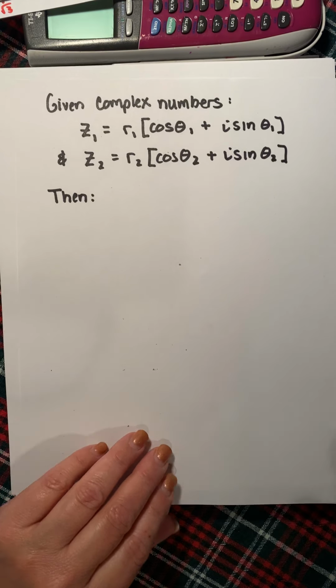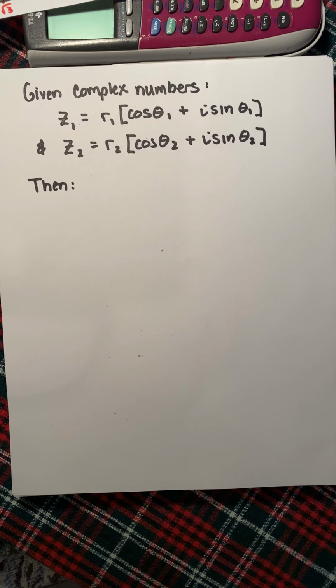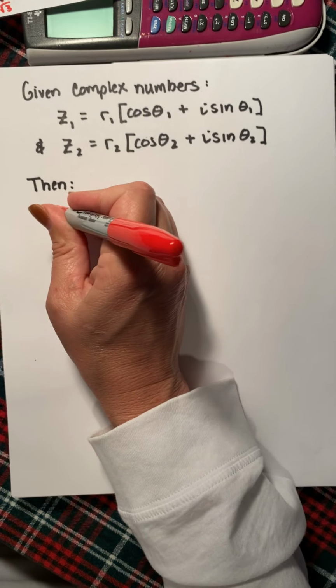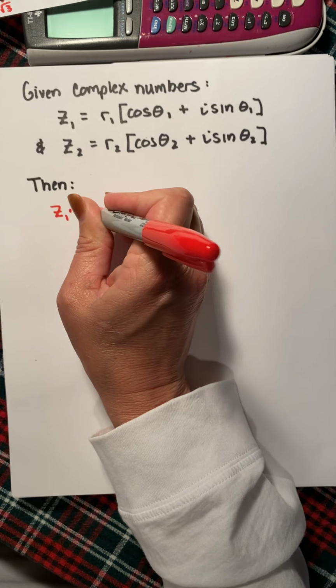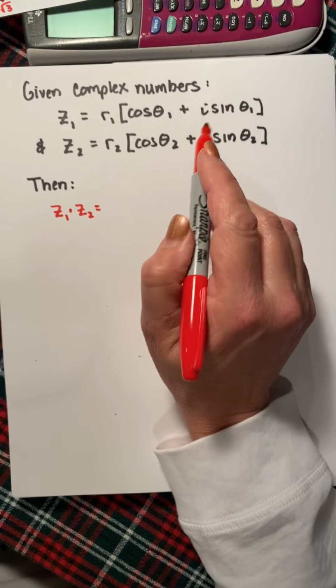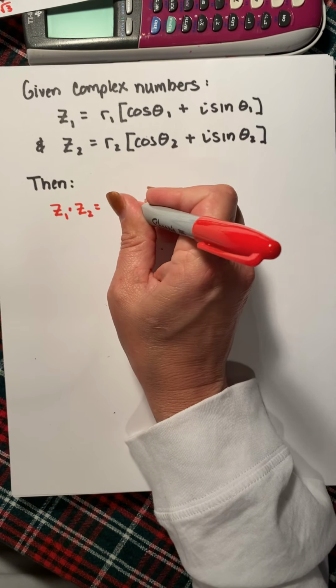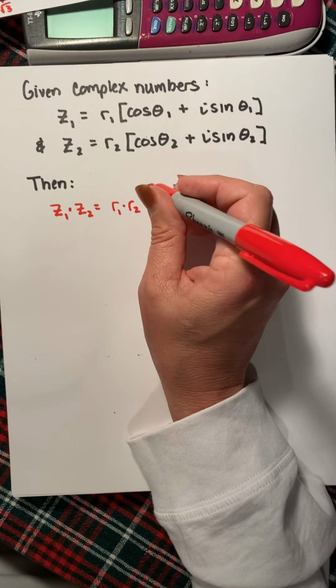We also talked about last time, given complex numbers in their trigonometric form, what we did was multiplying. We can multiply two complex numbers in their equivalent trigonometric form by multiplying their absolute values, or their moduli.